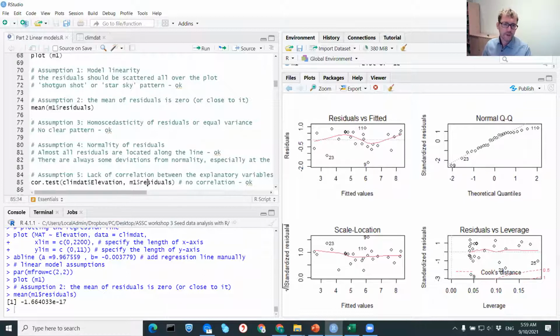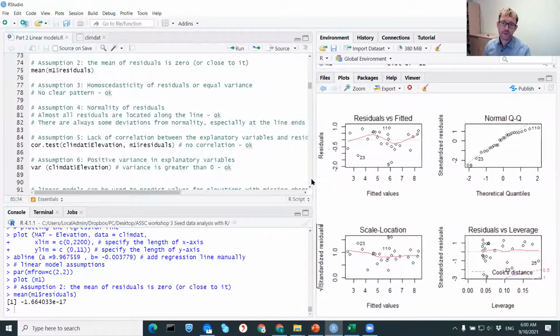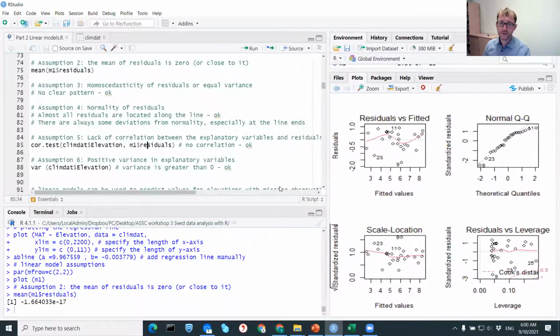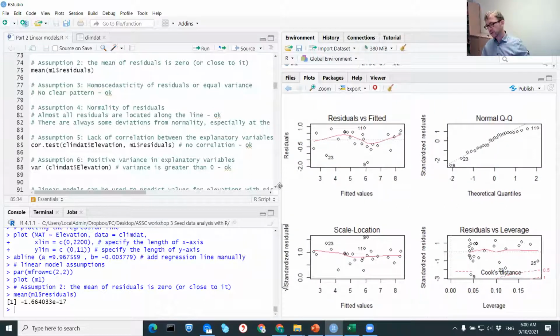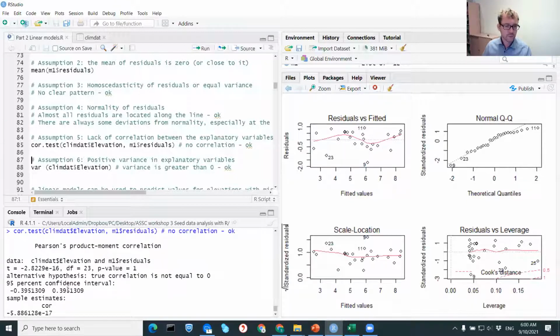Right. The next assumption is that there should not be any correlation between explanatory variables and residuals. So the variables you're using in your model should explain most of the variability in the model. And this is how we run this correlation test. Two important numbers here.